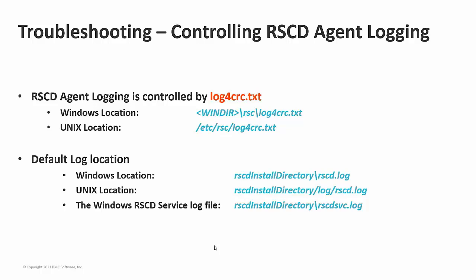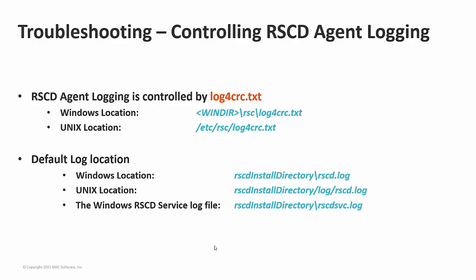For example, by default, the Info1 level of debugging is enabled for all the RSCD agents. If we need a granular level of communication messages, we can replace Info1 with debug and restart the agent.